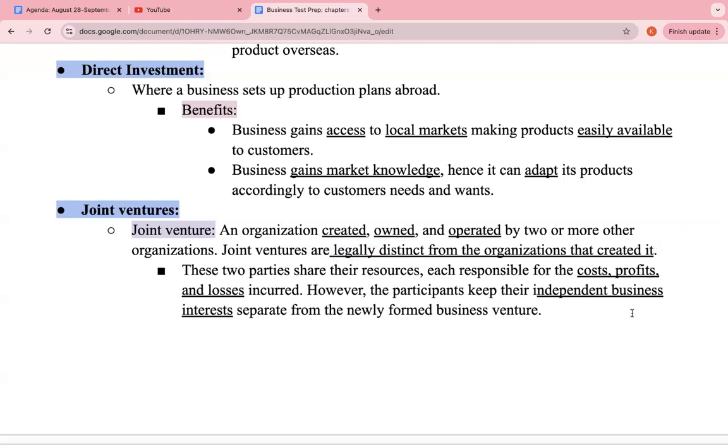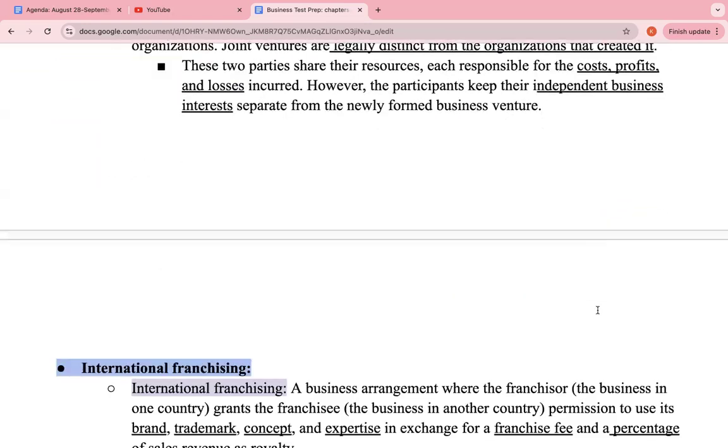But it's created, owned, and operated by both company A and company B. So these two parties share their resources, each responsible for their costs, profits, and losses incurred by company C, for example. However, the participants keep their independent business interests separate from the newly formed business venture. Because again, they're legally independent from one another.